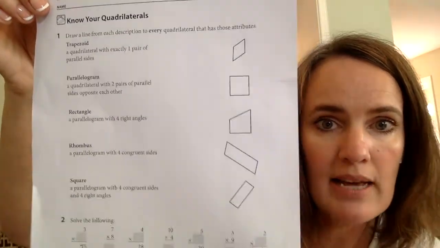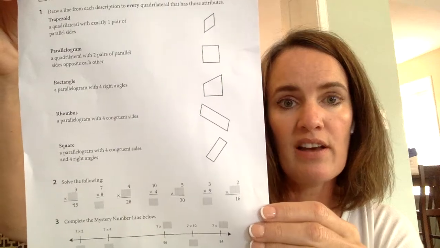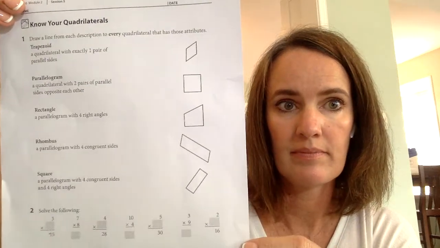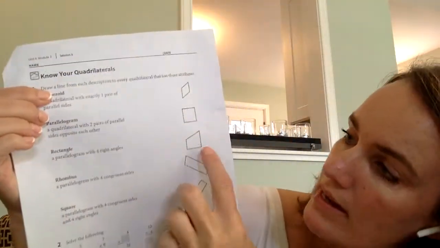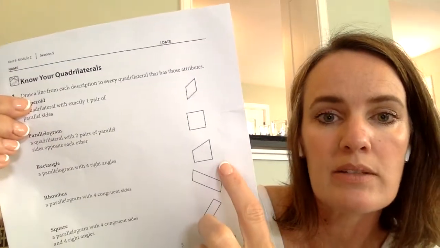So which of these shapes has 1 pair of parallel sides? I'm going to make my line, and I can even use my marker, but I'd probably use a pencil because what if I goof, right? I'm going to draw that line from trapezoid to the shape that has 1 pair of parallel sides.